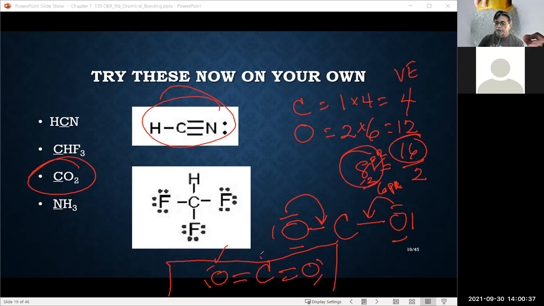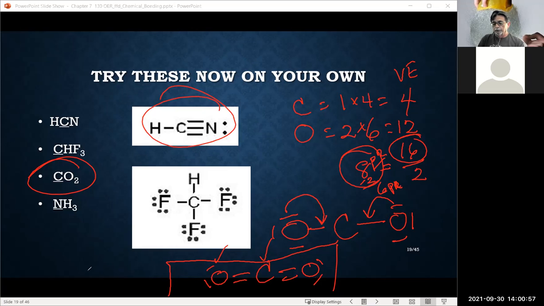And if we look at the carbon in the center, it has 2 double bonds, 1 on each side. So that's a total of 8 electrons. So therefore, folks, that molecule the way we wrote it, that is the structure as written for carbon dioxide.